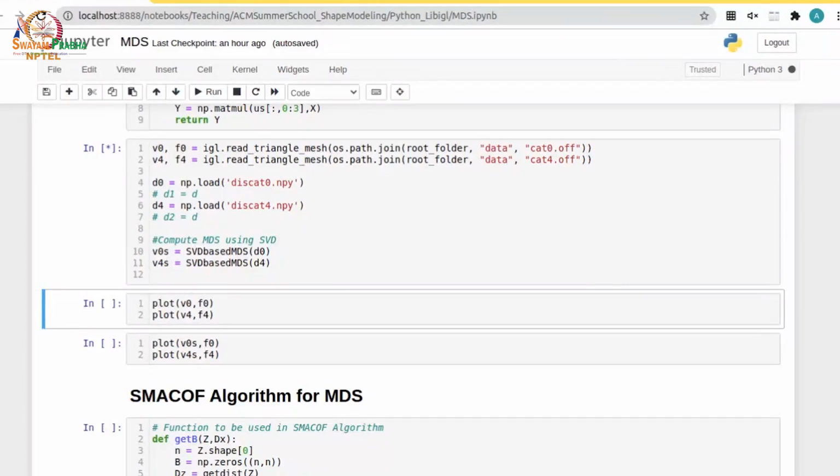Now again, I want to compute an MDS, an embedding of these set of points. I need to compute only the first three singular vectors and three singular values. Now, I am not familiar with what command gives you only the first three singular vectors.